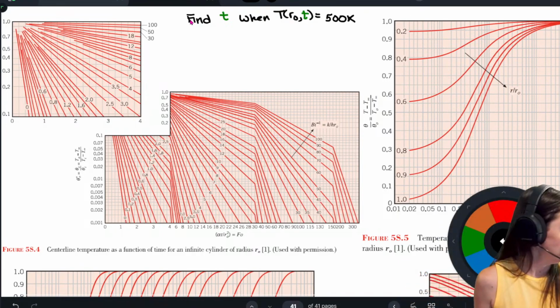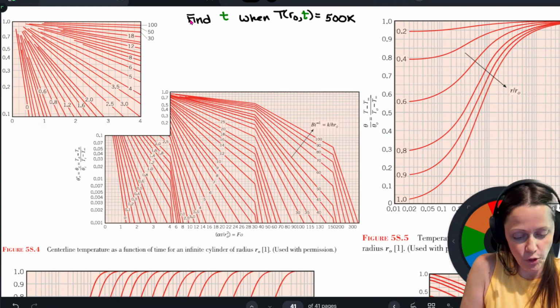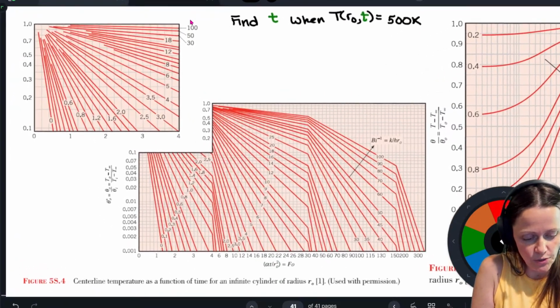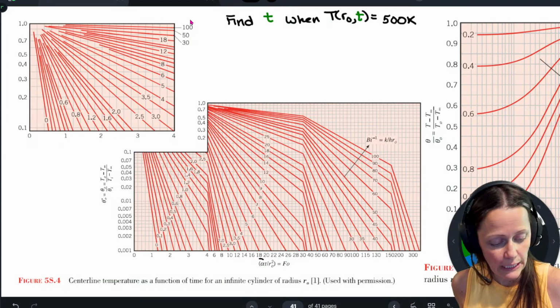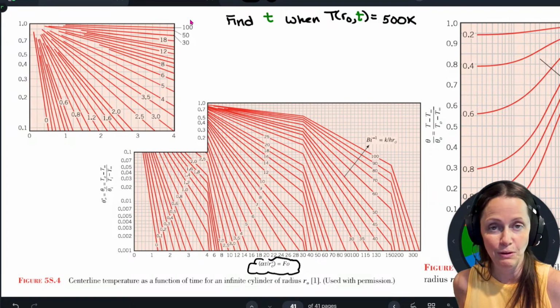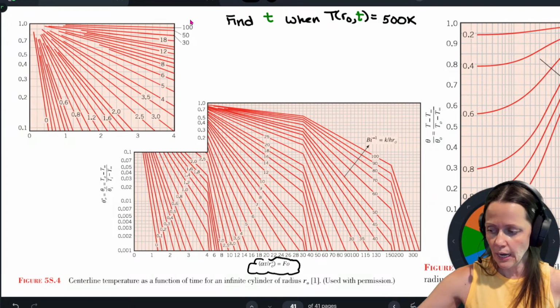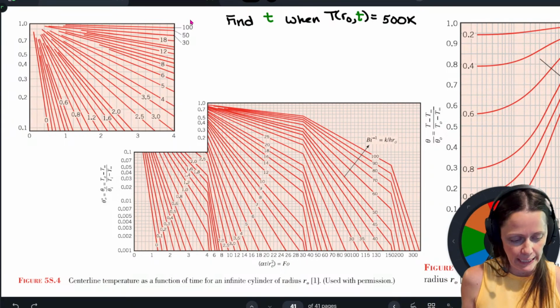So clearly, if I look at this first Heisler chart, what I'm going to need to find is my Fourier number. So I definitely am going to at some point need this chart.